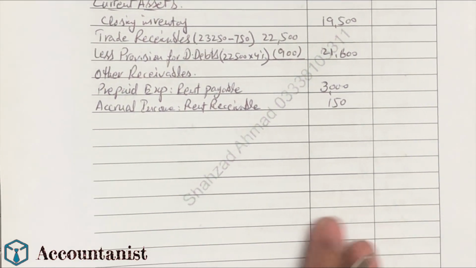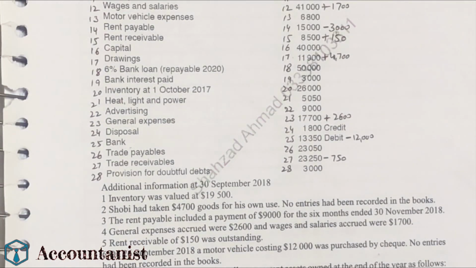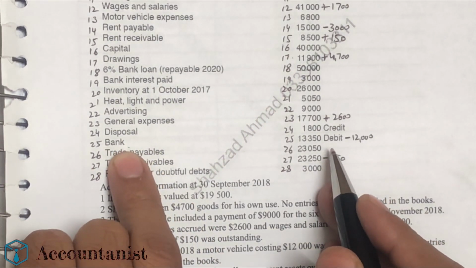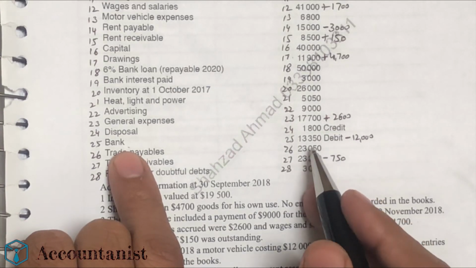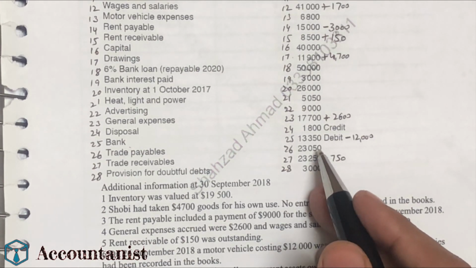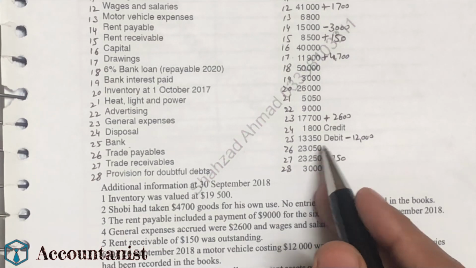Now we need to find out if we have a bank positive balance or a negative balance. As we have here, the bank debit balance means a positive balance. It will come into our current asset section. If we do have a credit balance or an overdraft balance, that will go to the current liabilities section.